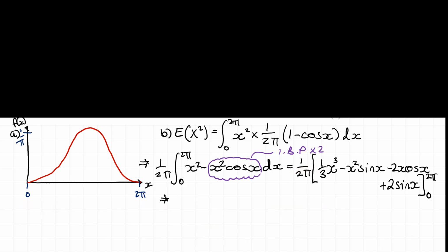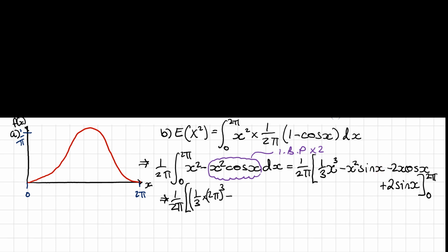So you've got 1 over 2 pi times, now this will be 1/3 times 2 pi cubed minus, now if anything becomes 0 I'll probably leave it out. So here I'll be subtracting, well, we got sine of 2 pi, which is 0.